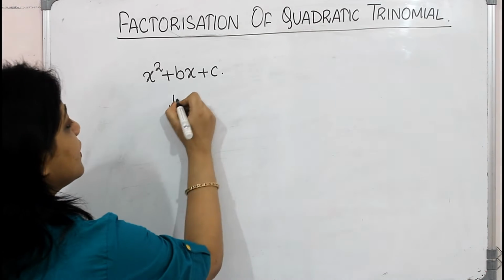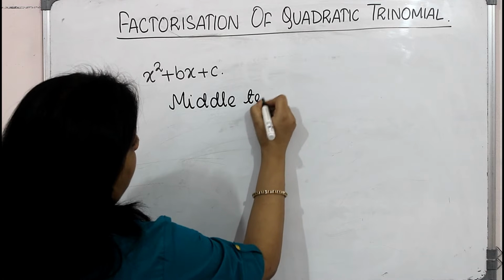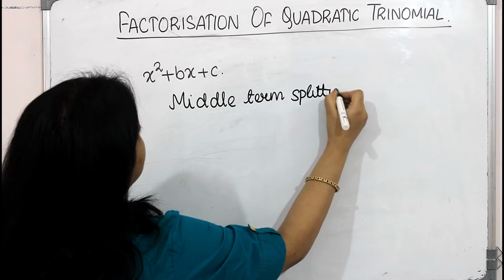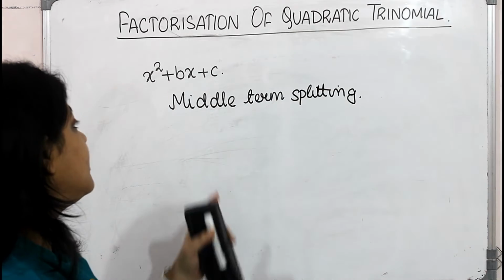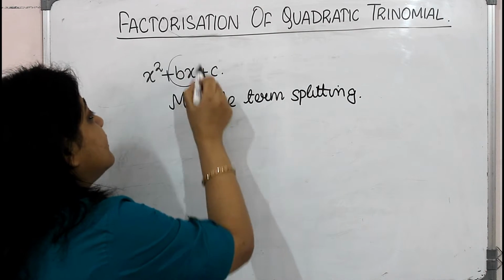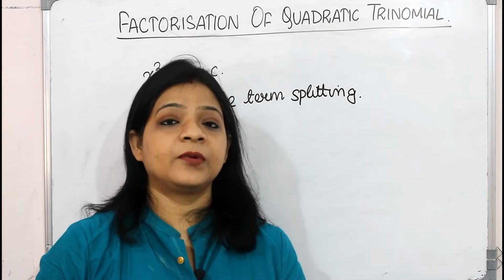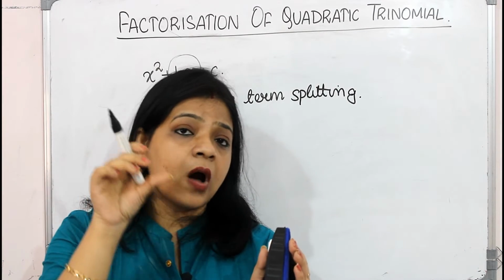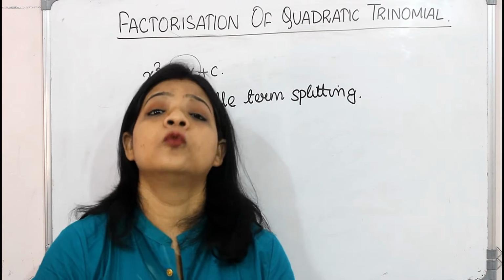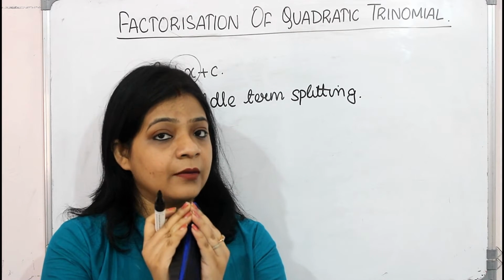So what does middle term splitting mean? It means you are to break this middle expression. Three terms are there, so you are to break the middle expression into two parts. Means you are to split the particular middle term into two parts.